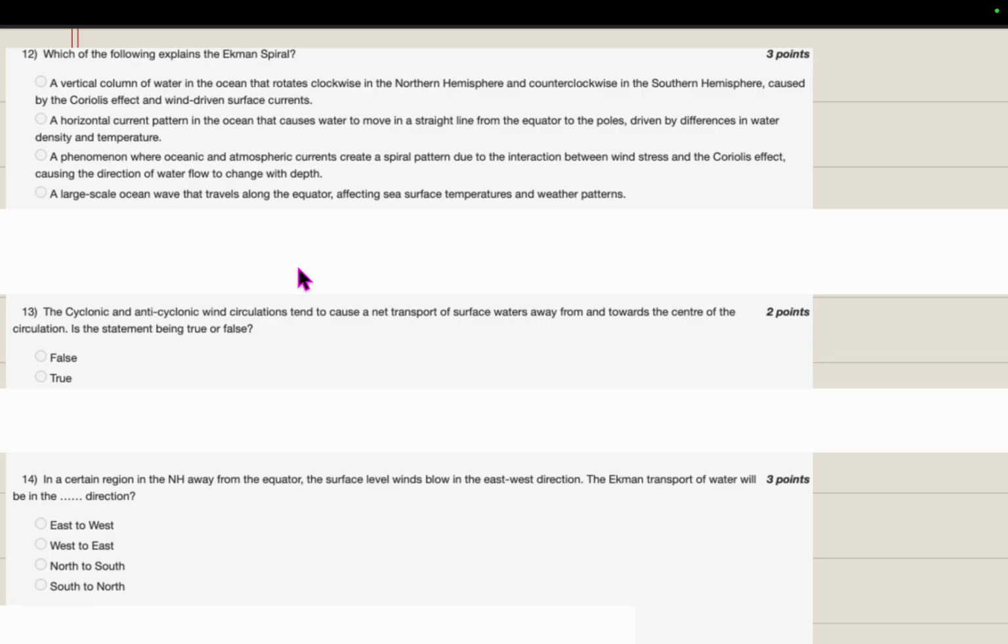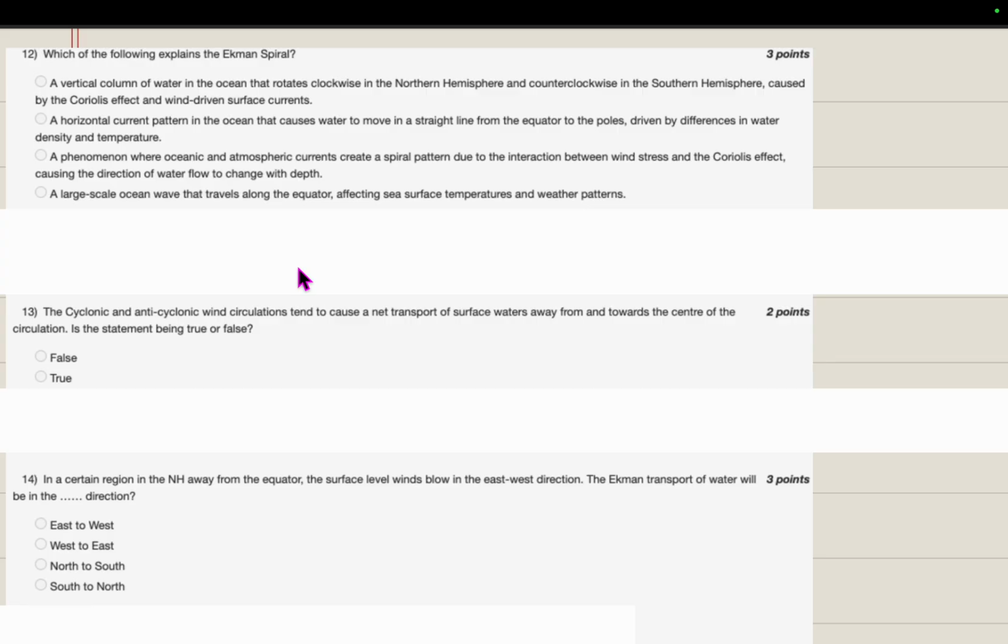Is it a phenomenon where oceanic and atmospheric currents create spiral patterns due to interaction between wind stress and the Coriolis effect, causing the direction of water flow to change with depth? Or option D, a large scale ocean wave that travels along the equator, affecting sea surface temperature and weather pattern?